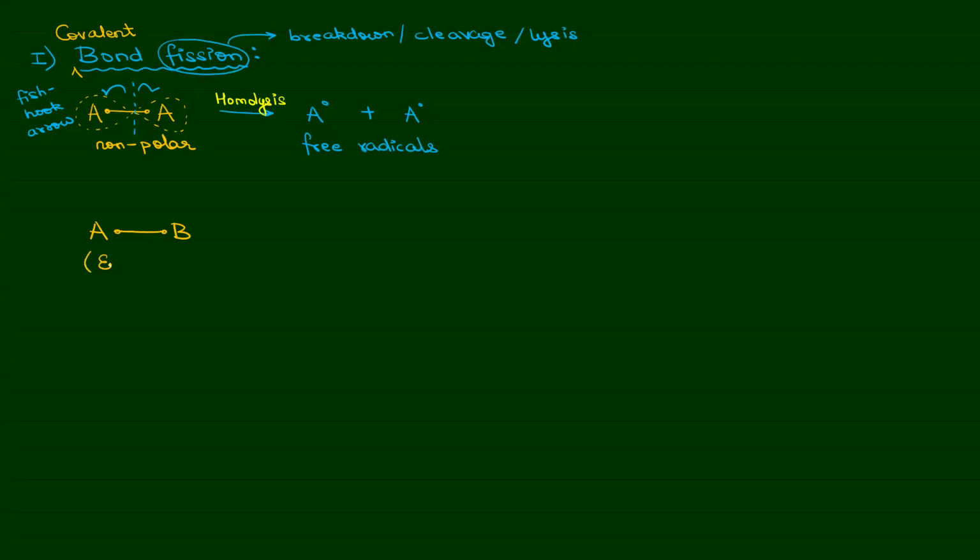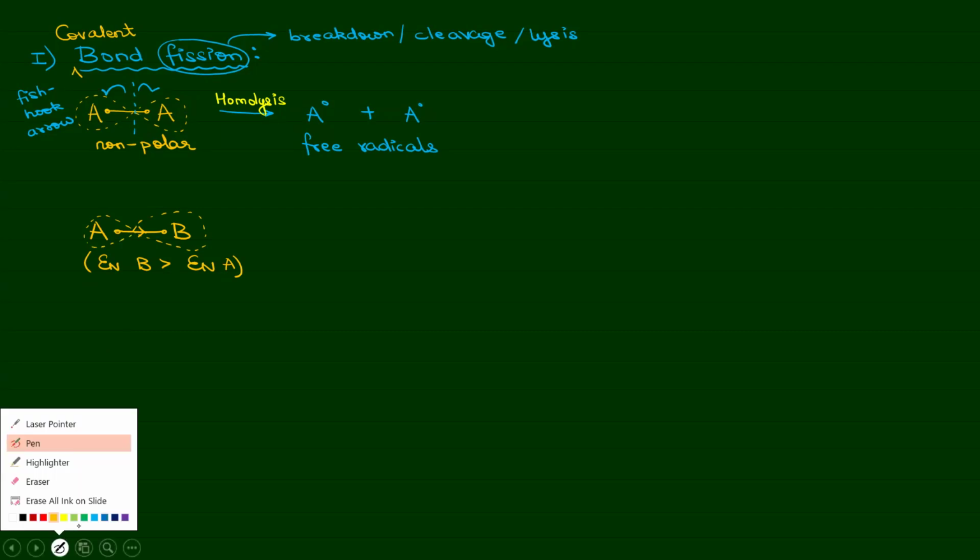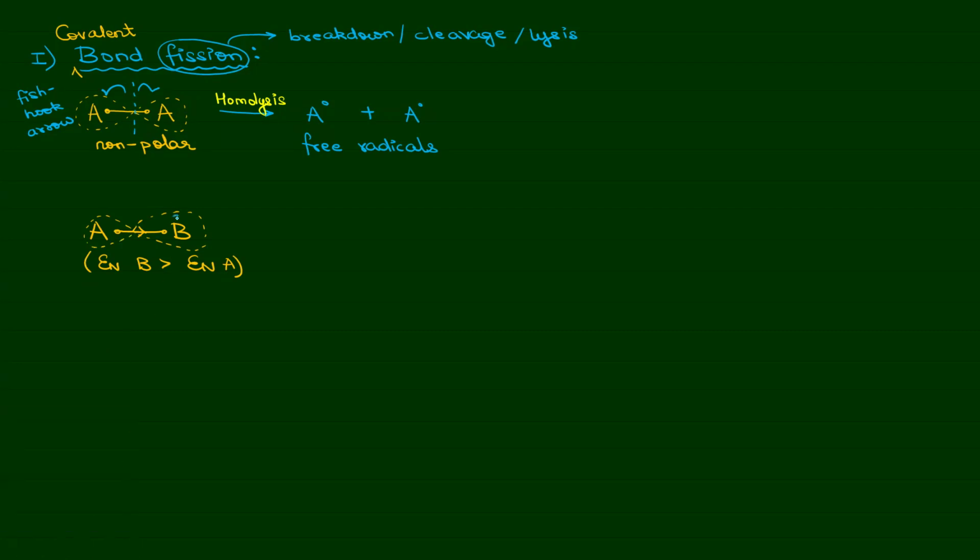So assuming that the electronegativity of B is greater than the electronegativity of A, it means that B will have more attraction of electrons towards itself, due to which the electron density around B will increase and around A will decrease. Thereby, B will acquire a partial negative charge and A will acquire a partial positive charge, making the covalent bond a polar covalent bond.